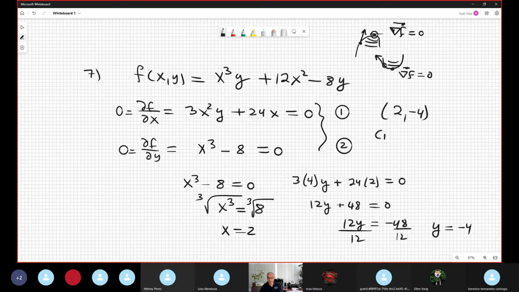To determine the nature of this critical point, we apply the second derivative test. Remember, in multivariable calculus, we have the famous local max, local min, or saddle point. Local max is when both second derivatives are concave up.